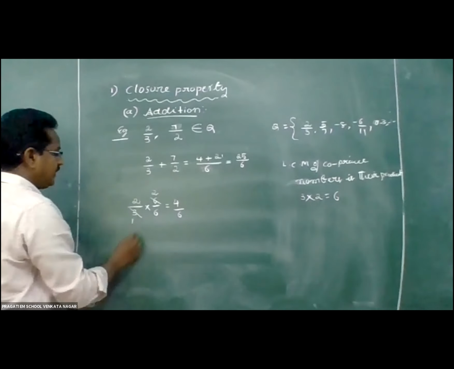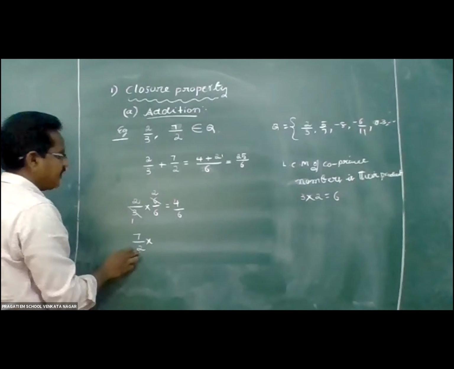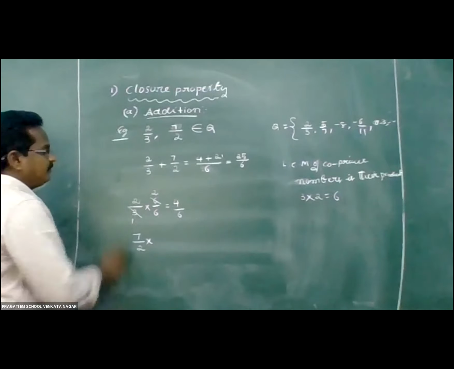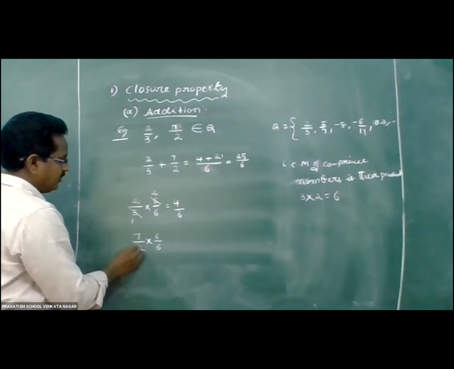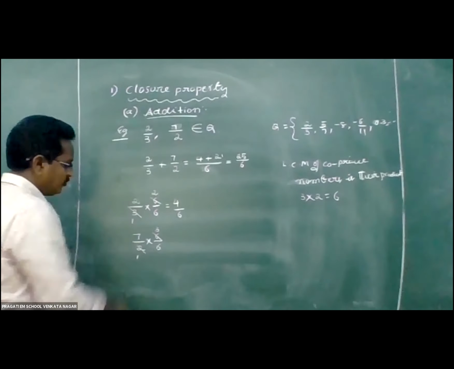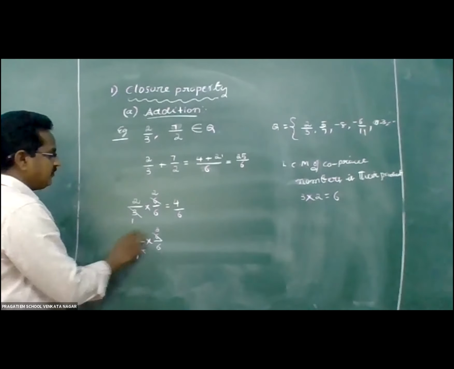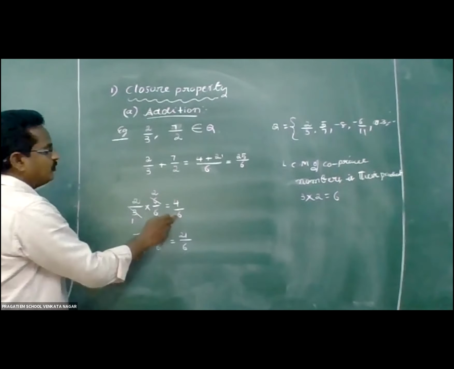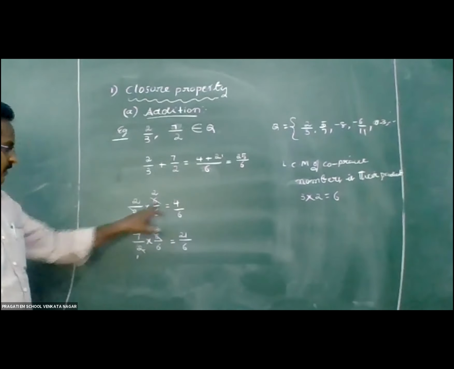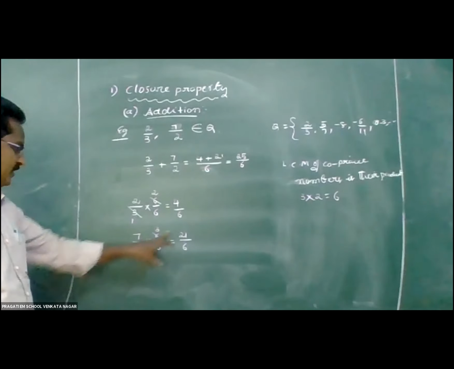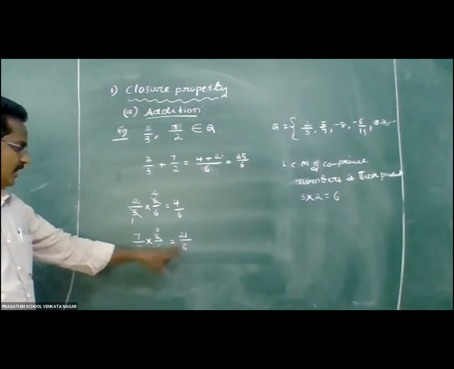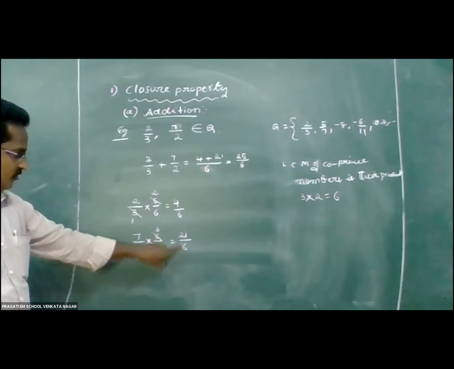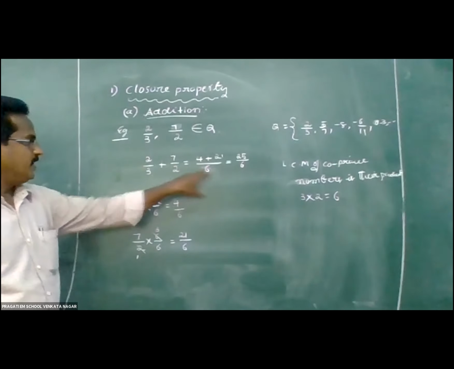Next, take 7 by 2 and do the same: 2 goes 3 times into 6, so 7 threes are 21 by 1 six is 6. Now 2 by 3 becomes 4 by 6, and 7 by 2 becomes 21 by 6. These two are like fractions with the same denominator 6. Now we can add 4 by 6 and 21 by 6.